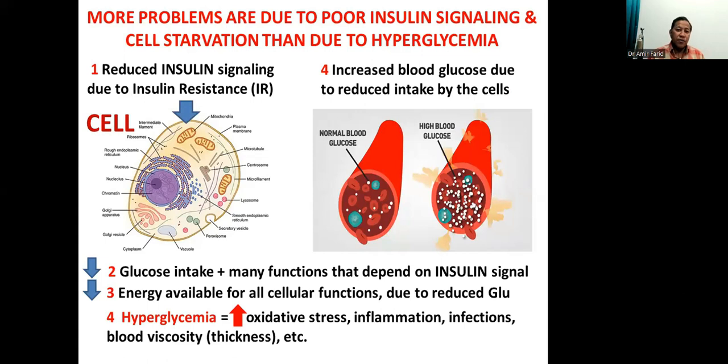In fact, there are more problems due to poor insulin signaling, that means insulin resistance and cell starvation, than due to the hyperglycemia. Hyperglycemia gives some problems, but it is actually only a consequence of the poor insulin signaling or insulin resistance.